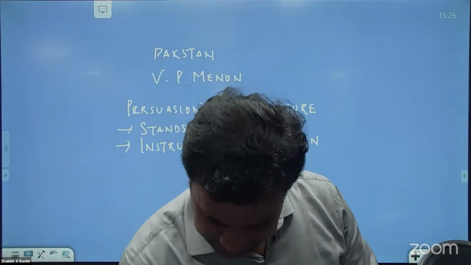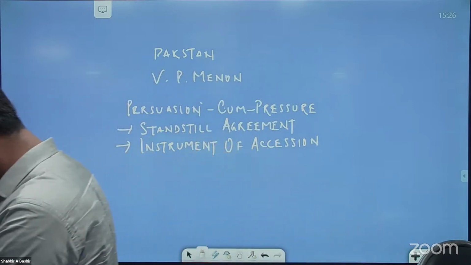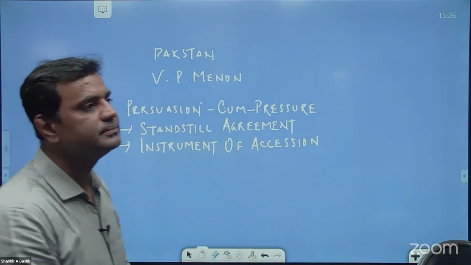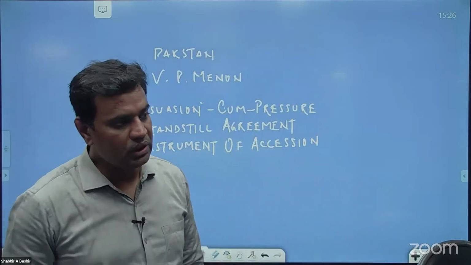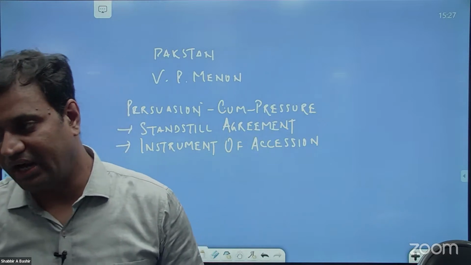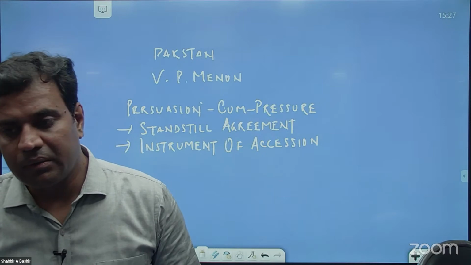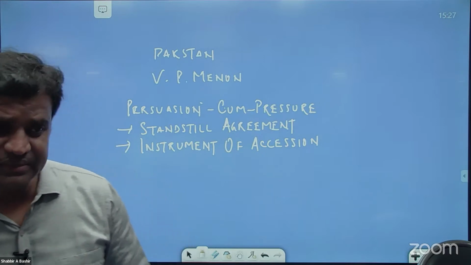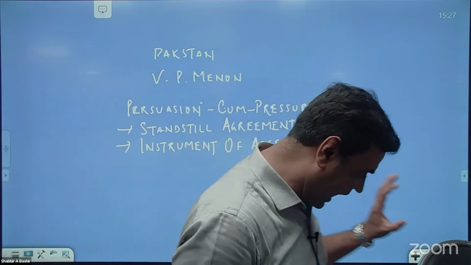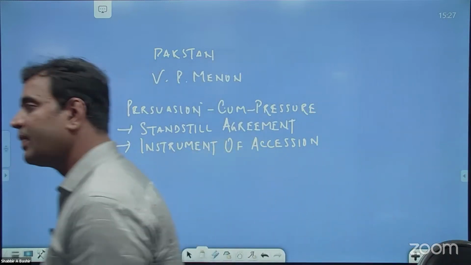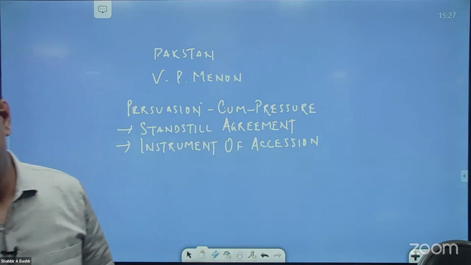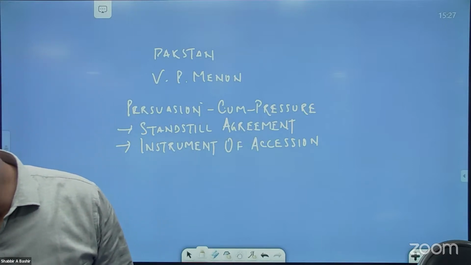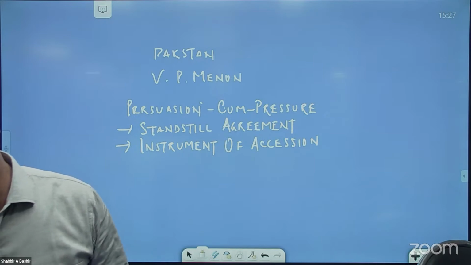After India's partition, the ruler of Kashmir, Maharaja Hari Singh, signed a standstill agreement with Pakistan, and even decided to conclude it with India.